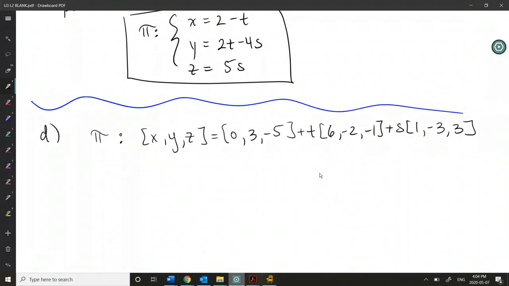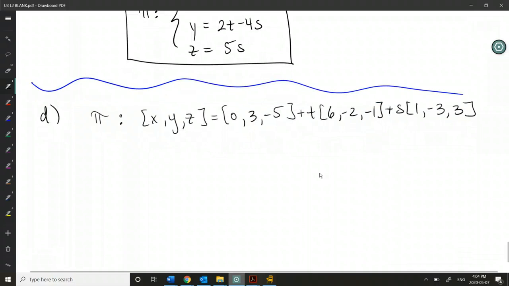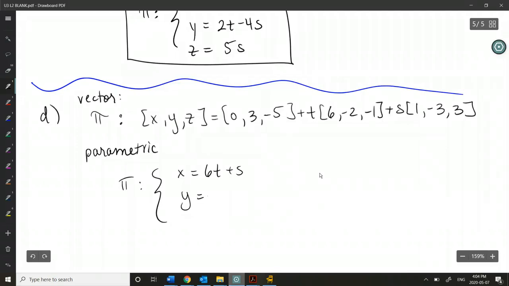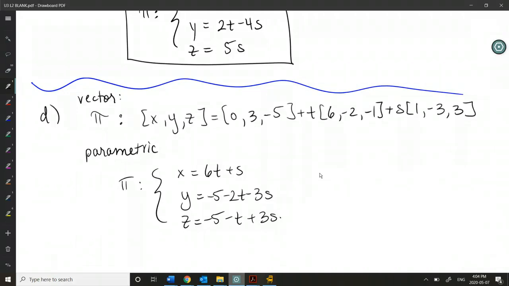And that's really all we have to do for this one. So those are my pieces of information. So that's for our vector equation. And we also want our parametric equations. So just take a second and separate out your x, y, and z components here. And there you have it.